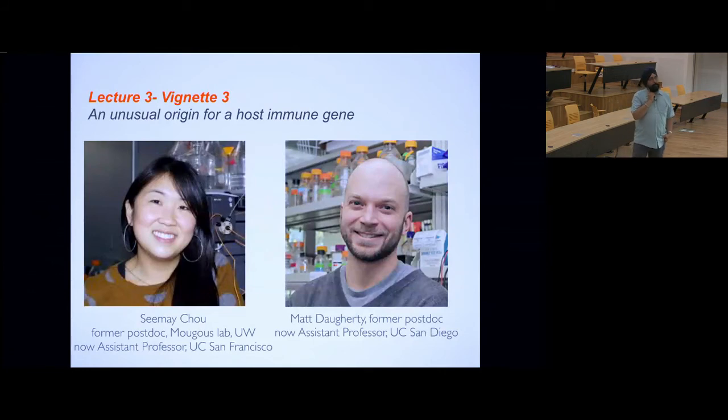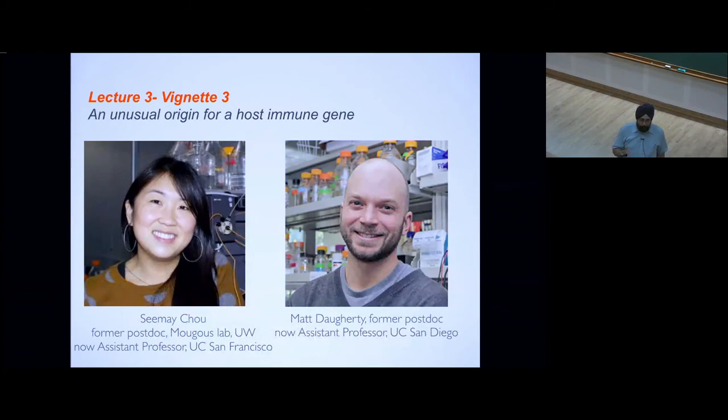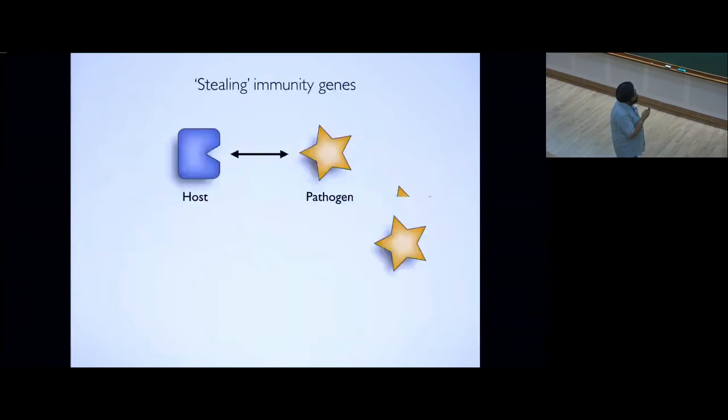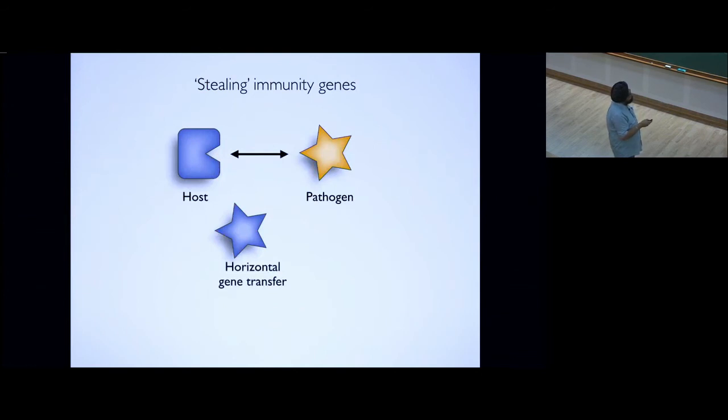Everything I've told you assumes, again, this sort of ortholog to ortholog comparison, but a large part of our immune system in eukaryotes may itself derive from unusual sources. This is work that was actually done by C., a postdoc in our neighbor's lab at UW, and Matt Daugherty. The premise is that you've had host-pathogen arms races for a long time.